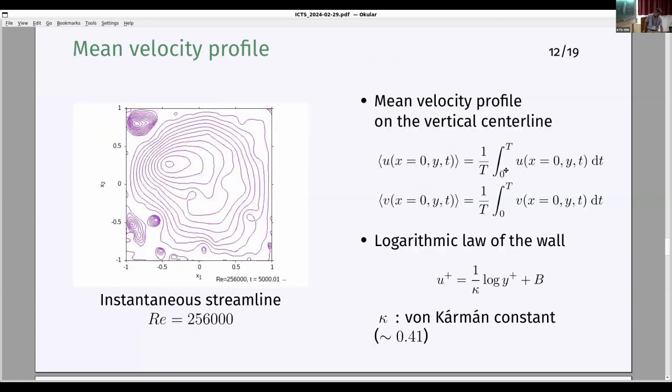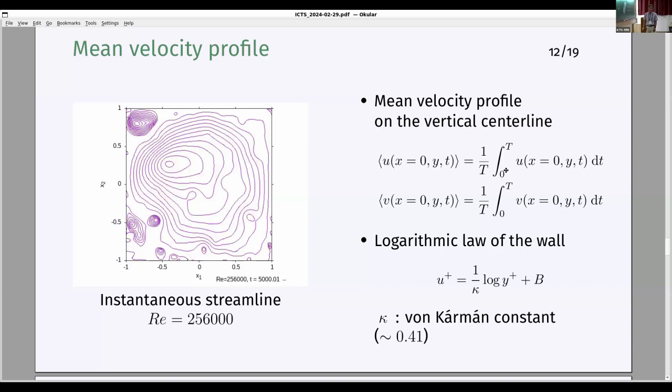Okay. So that was the first part of the talk. I move to the so-called mean velocity profile. This is the instantaneous streamline. Let's consider the central vertical line, where x is 0, and I take the time average of the velocity along this line, for the horizontal component and for the vertical component.